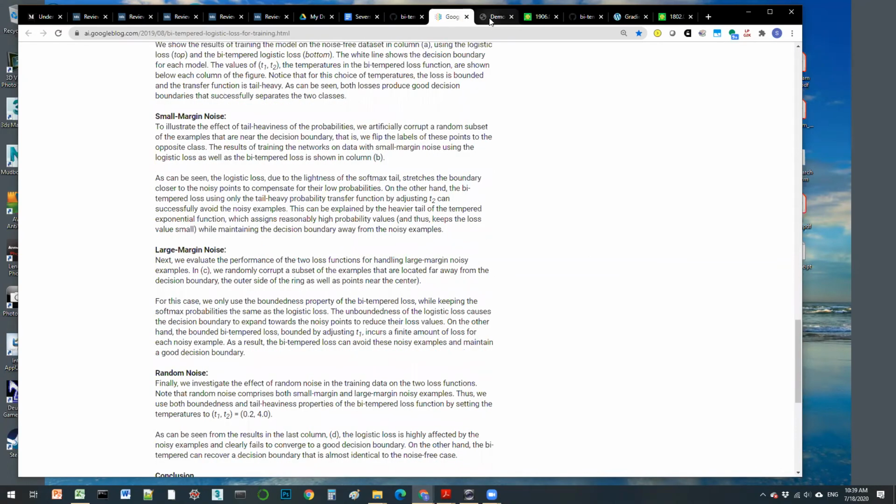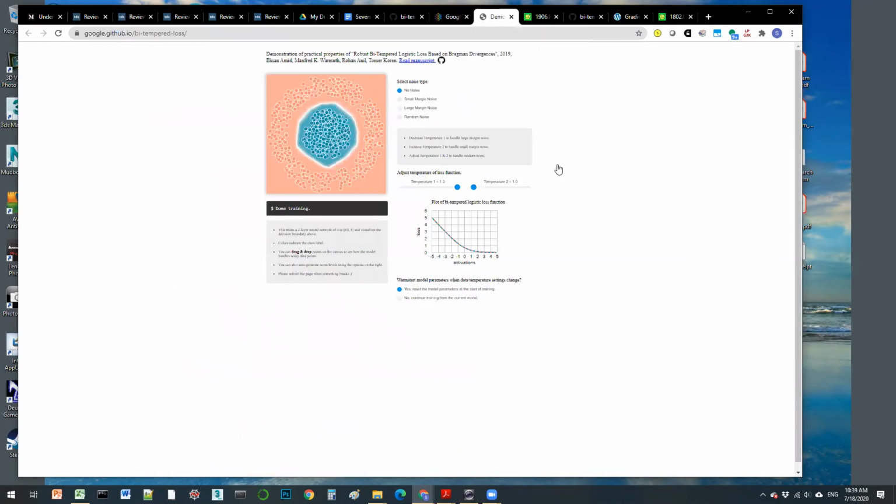And there's also stuff you can play around with and see what happens as you increase the noise, change the noise level and change the temperature values, and you can see what effect it has, which is pretty cool.